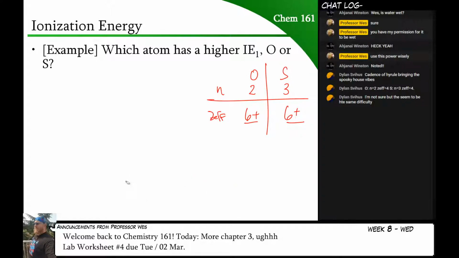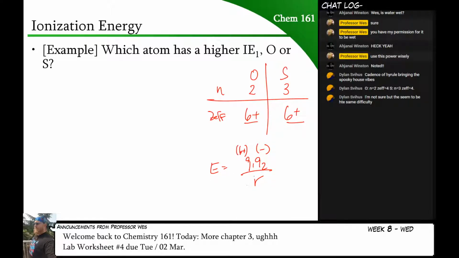I want to hit erase all, but it'll erase everything up here, and I don't want to do that. Now the question becomes, if Z effective is the same, it should be just as easy to ionize them both. Because if we look at Coulomb's law, and I have a 6 plus pulling against my minus, in both cases I'm going to have the same E, right?